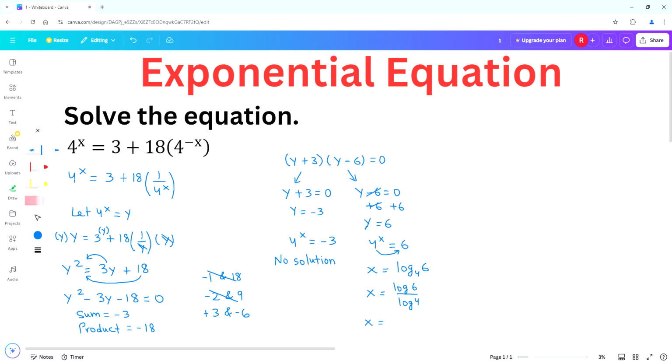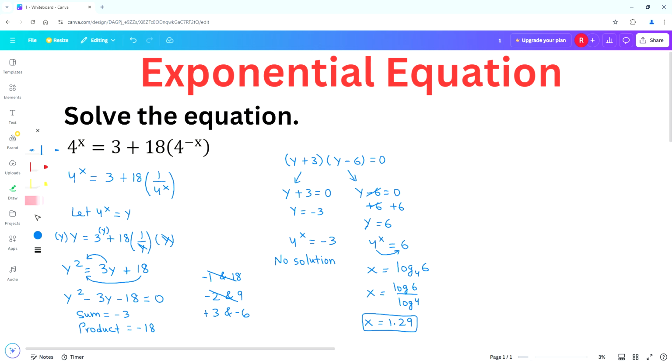Now we can evaluate this fraction. Log 6 over log 4 is equal to 1.29 rounded to 2 decimal places. This is the solution of the given exponential function equation.